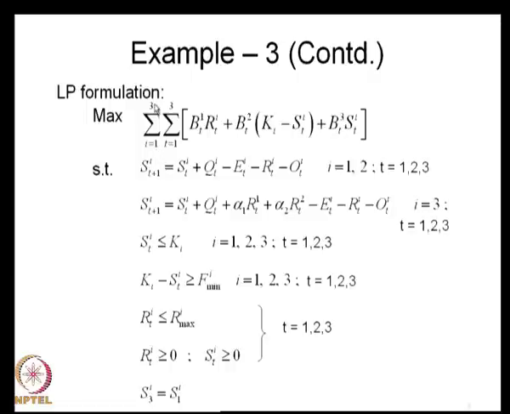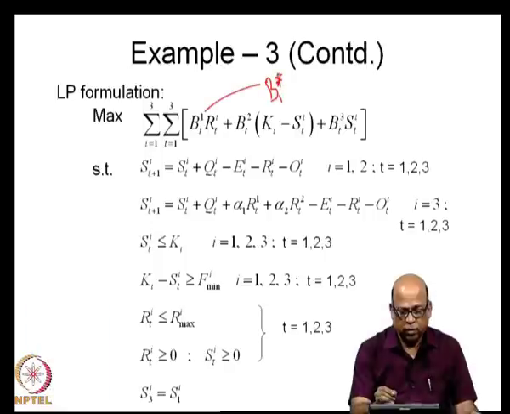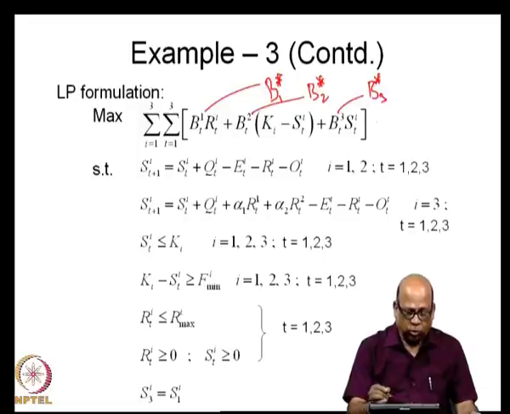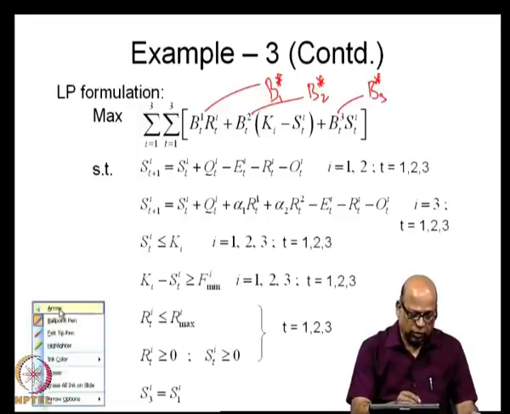There are 3 reservoirs, and this B1t and B2t etc. are in fact B1 star and B2 star. So, I can write this as B1 star and this as B2 star and this as B3 star, essentially to indicate that across all time periods the coefficients remain the same.